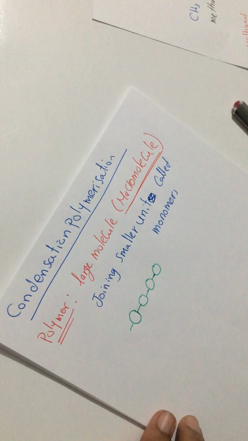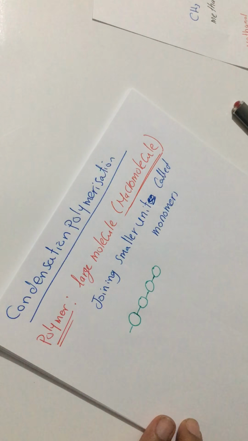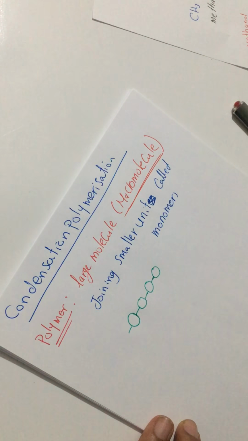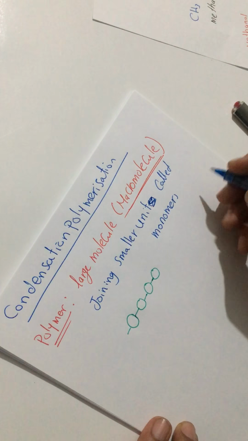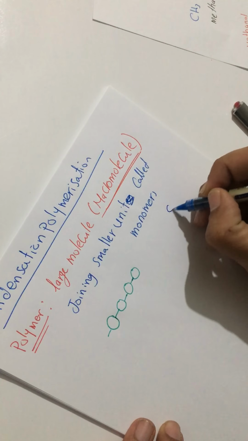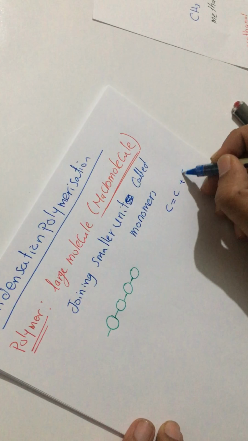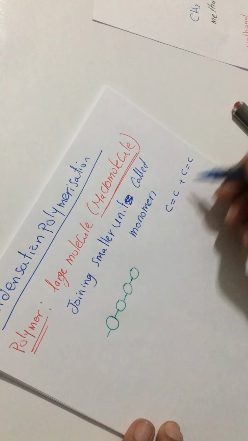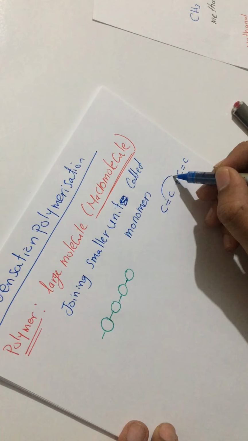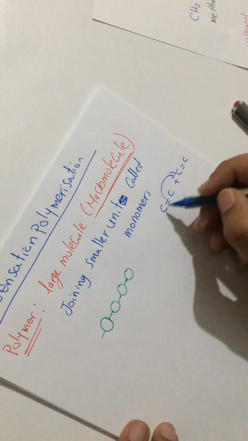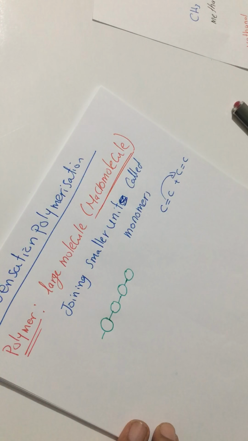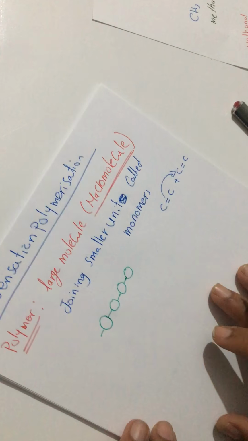We had the first type of polymerization, which is the addition polymerization, and you can remember that when two units have a double bond, we're going to join these two units by adding one unit to another by breaking this double bond, then forming a larger compound.